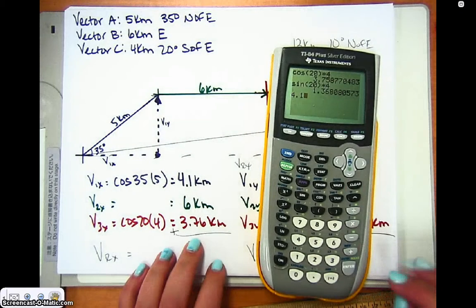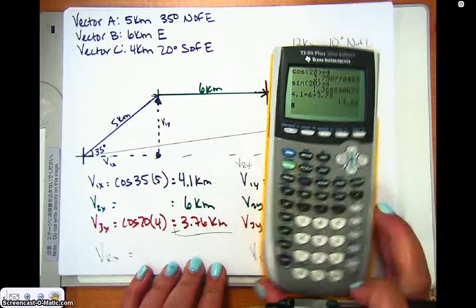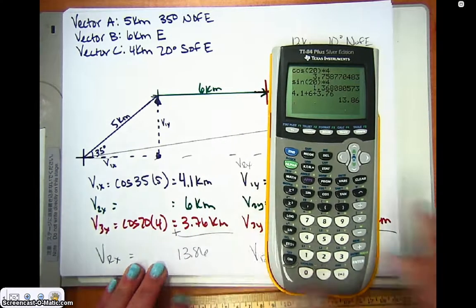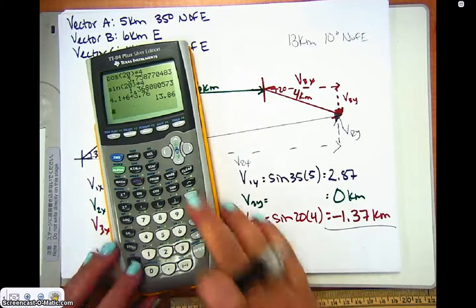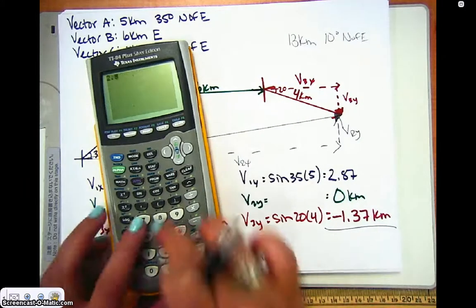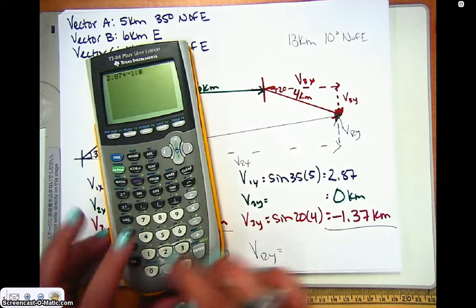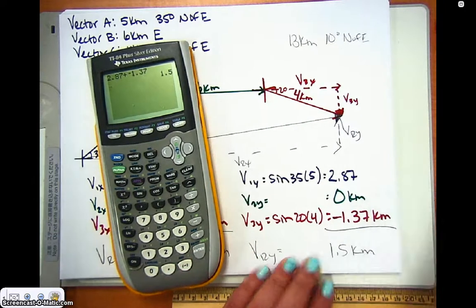I get 4.1 plus 6 plus 3.76, and that's 13.86 kilometers in the x direction. And then in the y direction, I have 2.87 plus 0 plus a negative 1.37, and I get 1.5 kilometers.